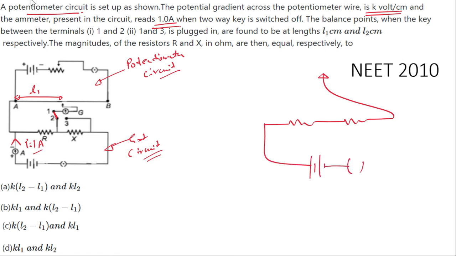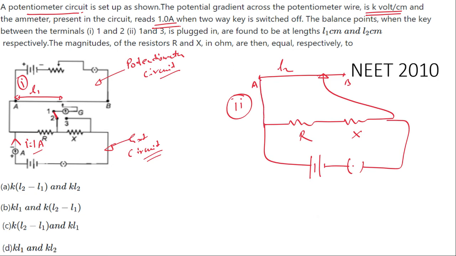So this is the second scenario. Now this length is L2. This is what the question is trying to tell us. This is the second case and this is the first case as per the question.